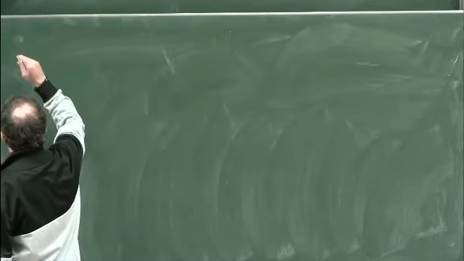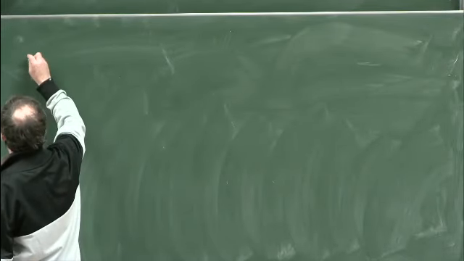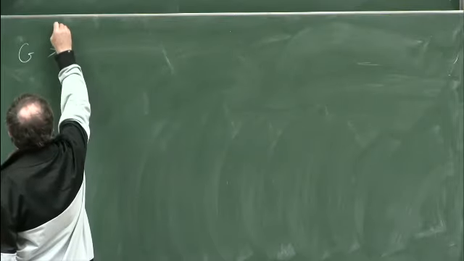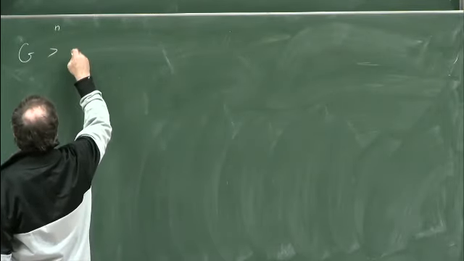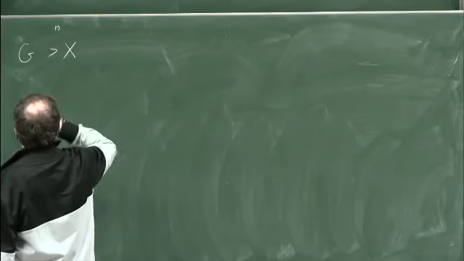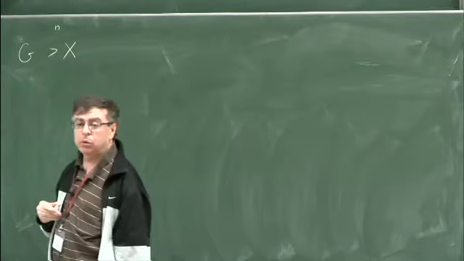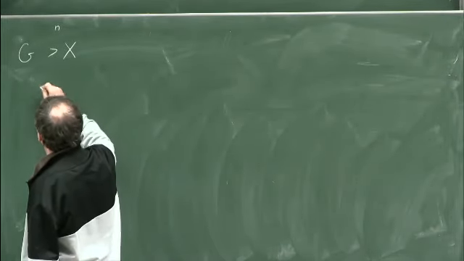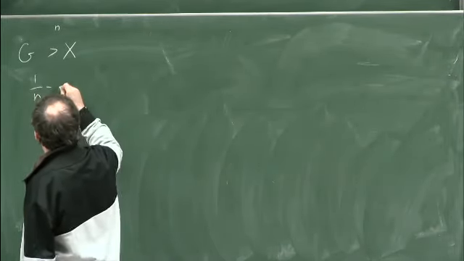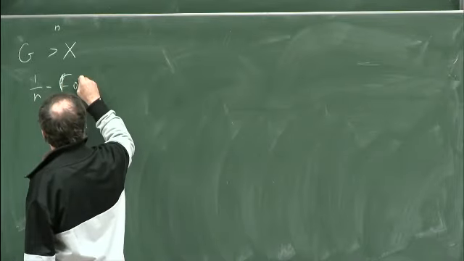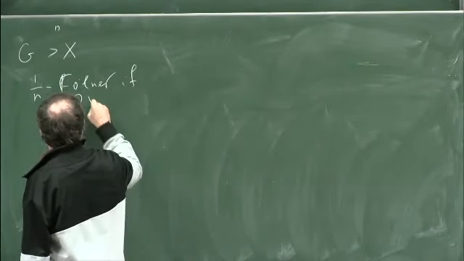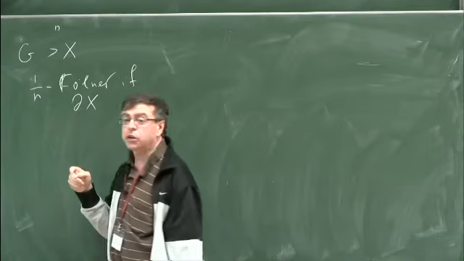So we call a subset of a group... if you have a group G, we have some number n, and we take a finite subset X. We say that X is 1 over n Følner if you take the boundary of X in the Cayley graph.